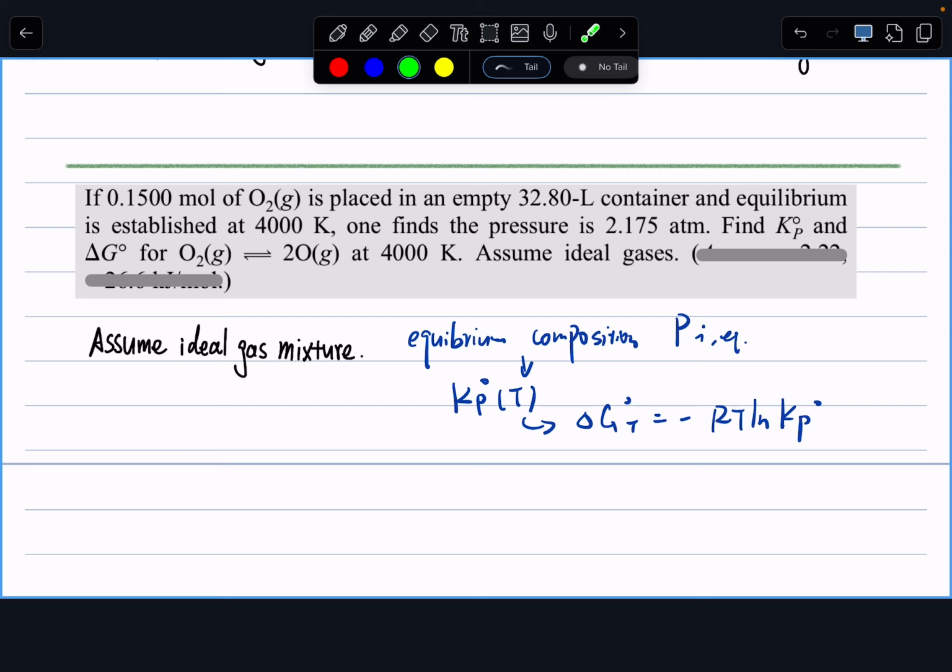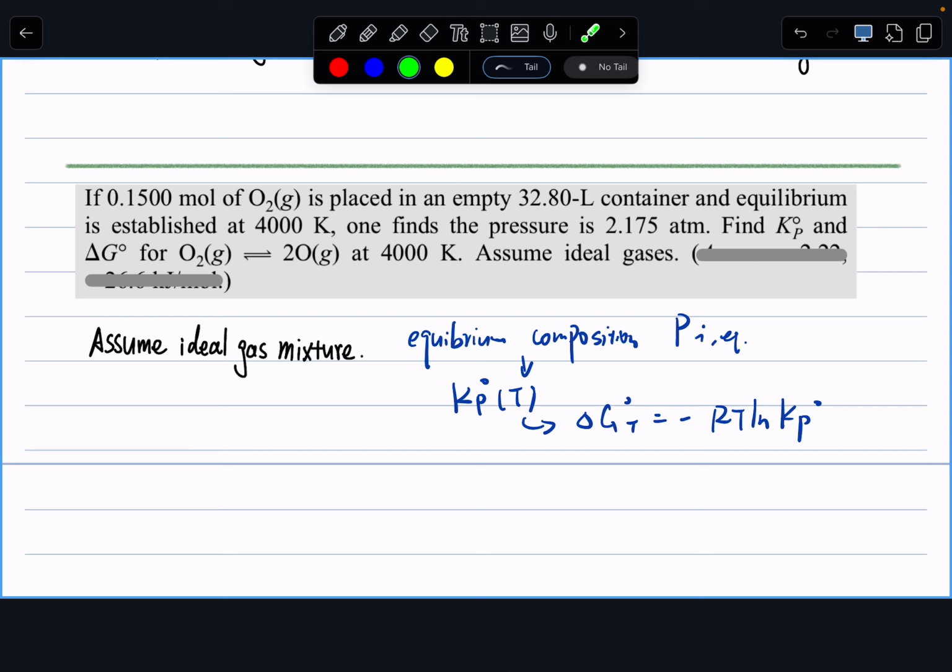All right. So let's first solve. Remember, we want to solve for the equilibrium composition, or the partial pressure of each of my reactant or product in the equilibrium. So first step, we know that PV equals N total RT at equilibrium.